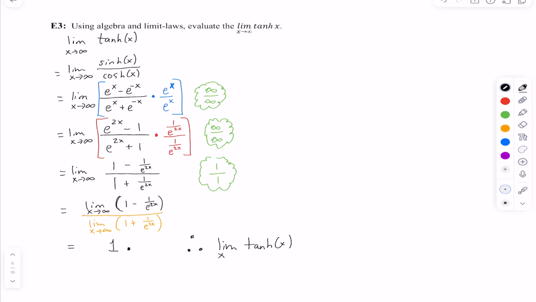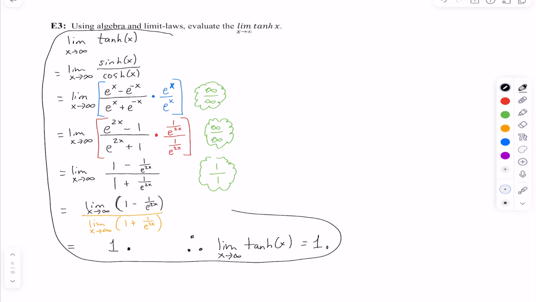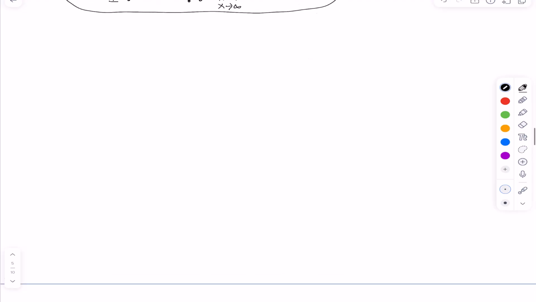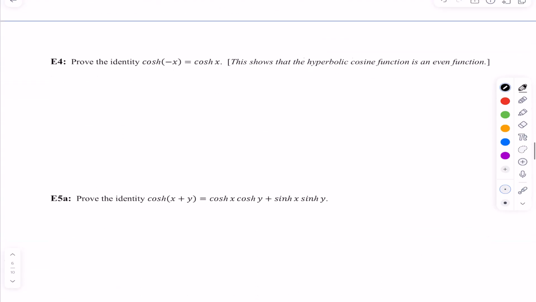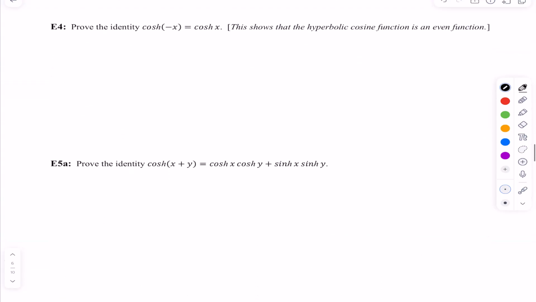Notice you were able to evaluate this expression without a calculator. Let's look at some more examples.